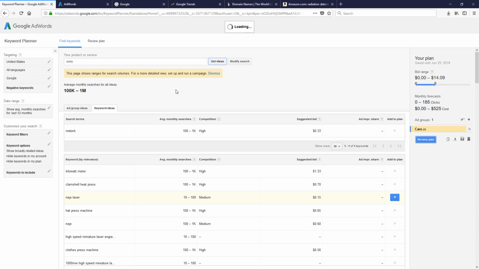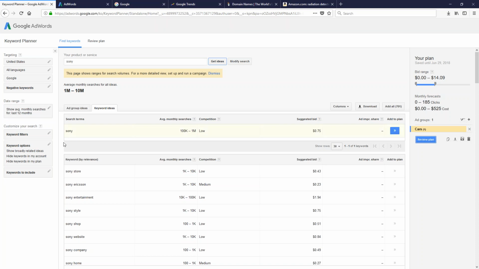If I just search for Sony, it's going to have an extreme number of average monthly searches. So for a brand like Sony, where we have a ton of monthly searches, our chances of ranking just on the brand name itself is going to be pretty low.